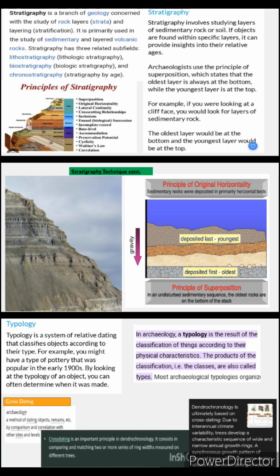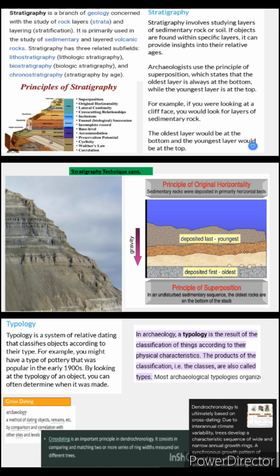Archaeologists use the principle of superposition, which states that the oldest layers are always at the bottom, while the youngest layers are at the top. For example, if you were looking at a cliff face, you would look for layers of sedimentary rock. The oldest layers would be at the bottom, and the youngest layers would be at the top.